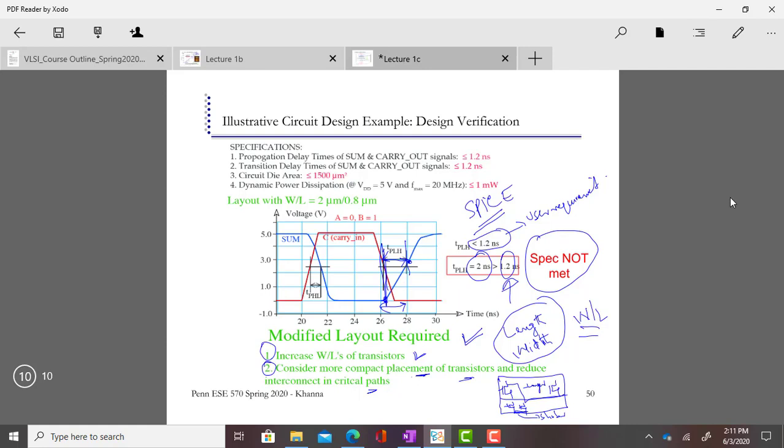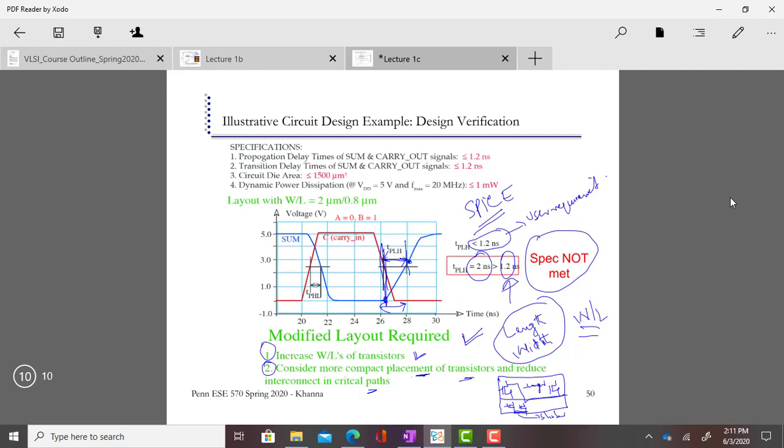So I hope that with this third part of the lecture you have understood to a certain extent what the life cycle of a VLSI design is.